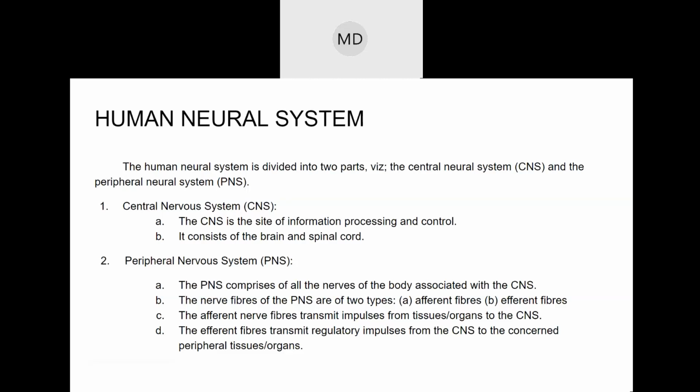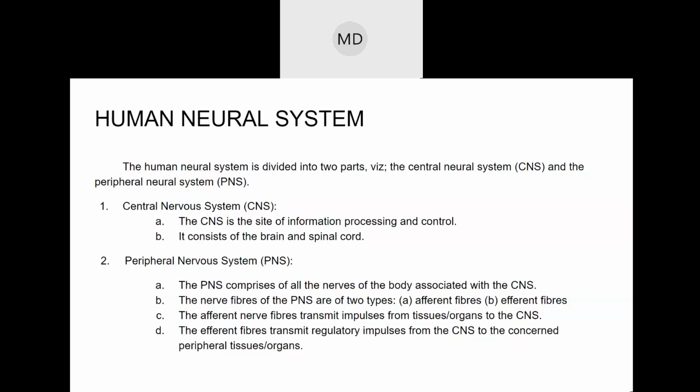The human neural system is divided into two parts: the central nervous system and the peripheral nervous system.